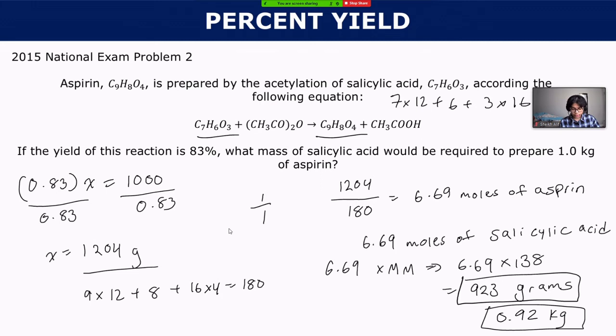But really, the thing to understand here is that percent yield is a measure of how much was actually prepared versus how much was used in the process. So we found out that 1,204 grams of aspirin was used, but only 1 kilogram was produced.